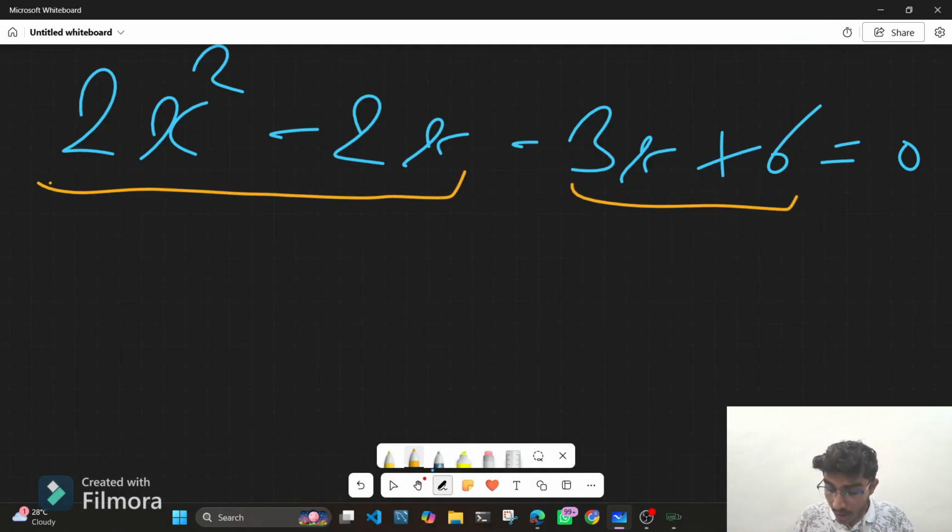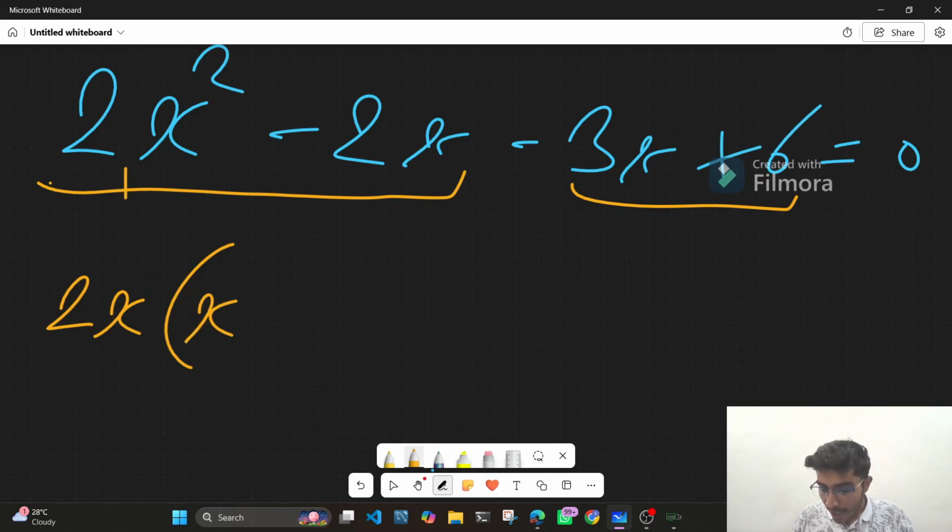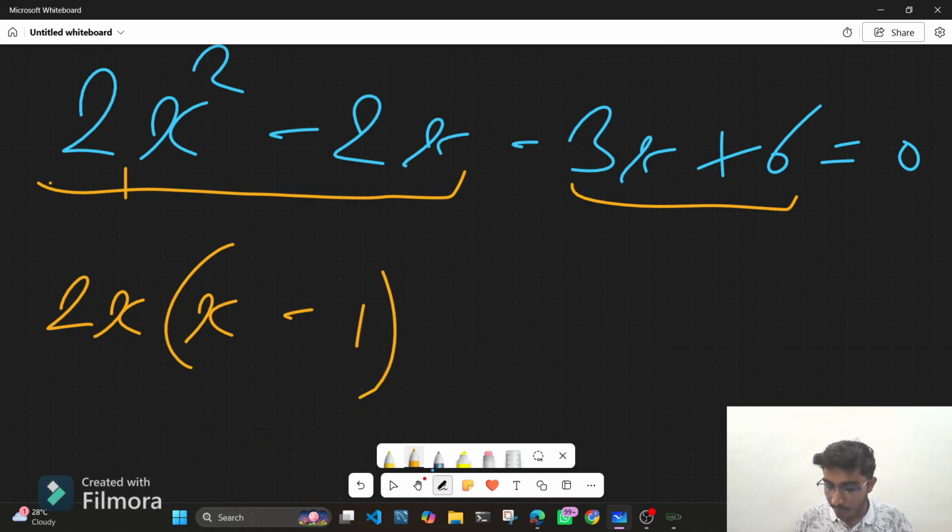From 2x square minus 2x, we can take 2x common. If I take 2x common, I am left with x, because 2x into x gives us the first term, that is 2x square. And here we are left with minus 1, because 2x into minus 1 gives us minus 2x. I hope this is clear.